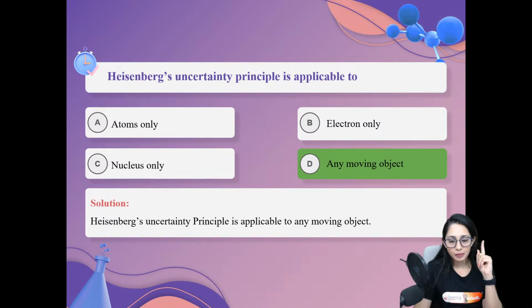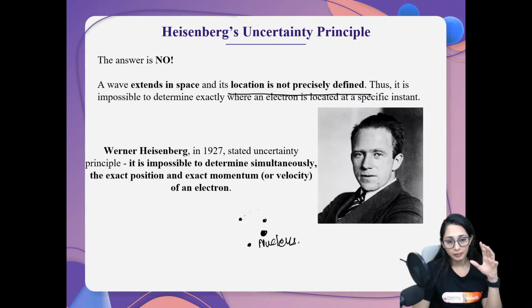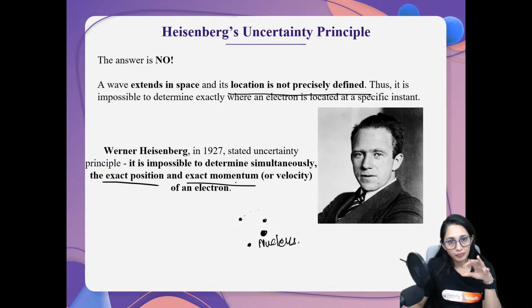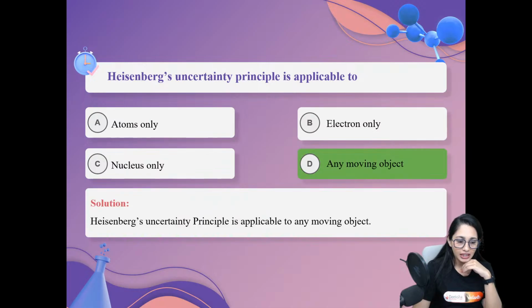The Heisenberg uncertainty principle is applicable to any moving object, which means that we cannot simultaneously calculate the exact position and exact momentum of the moving object. It could be anything. Alright, option D is the right answer.